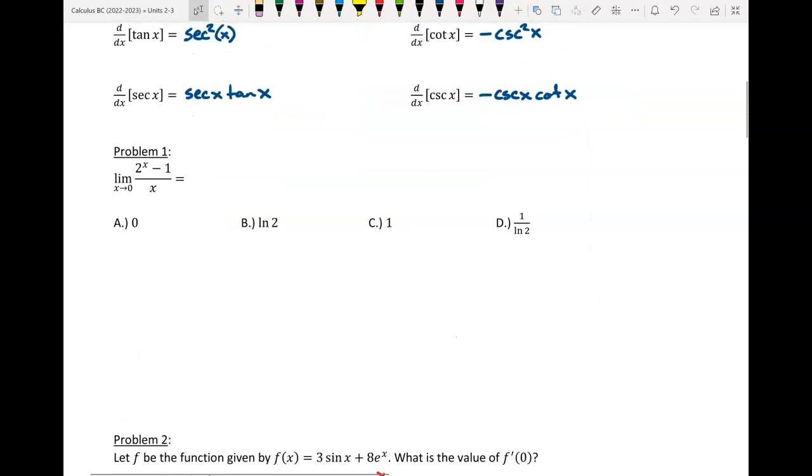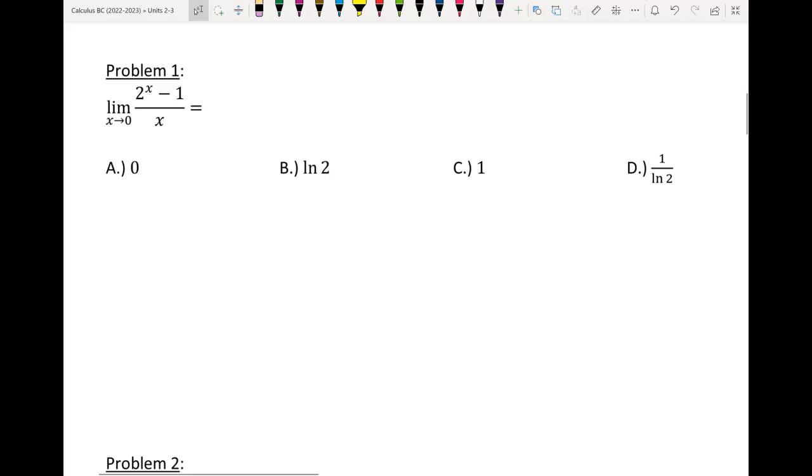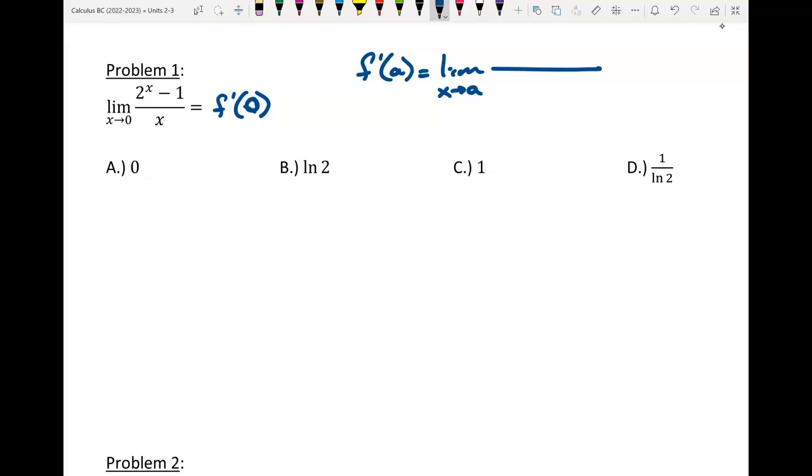All right, let's do problem number 1. Problem number 1 is one of our derivative rules here. This is actually going to be f prime of 0, so we need to figure out what f of x is. This is of the form that if I had f prime of a, we can write that as the limit as x goes to a of f of x minus f of a over x minus a.